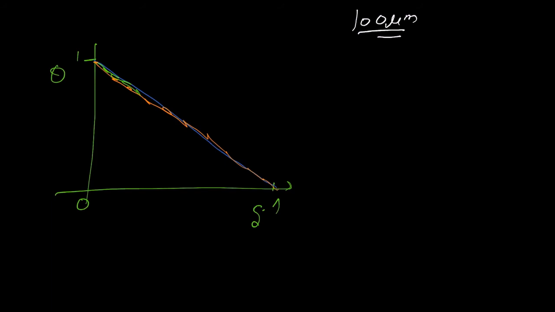But the radiative transport, which we would do for thick films, would also exactly overlap with that. So all three solutions would merge all together. So this is for thick films.